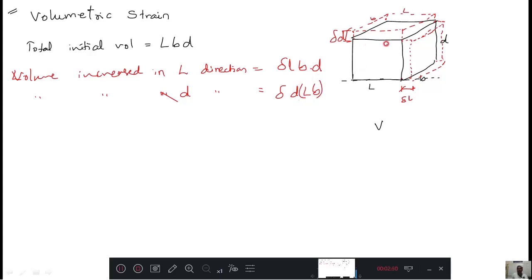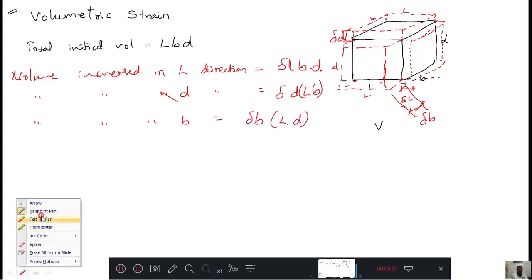Like that, it will increase in Z direction also, that is your B direction. Therefore the volume increased in B direction will be delta B, and this is L and this is D, so that is delta B into LD. Then you can come to the total volume increased.